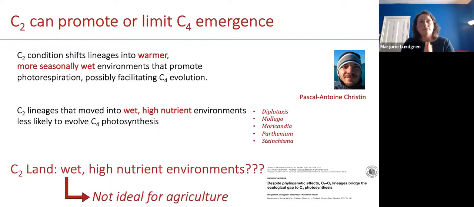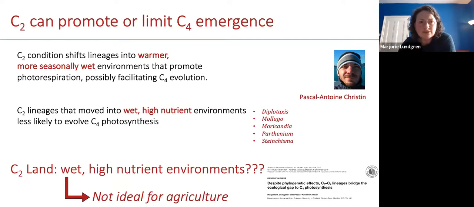Right, and because of that ecological diversity, we think that they can both promote or limit C4 emergence. We think once a C2 condition emerges, that shifts lineages into warmer, more seasonally wet environments. And once you're in those warm, seasonally wet environments, there's selection pressure to then become C4, right?